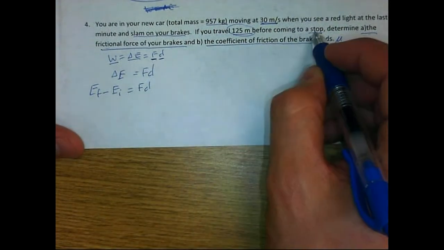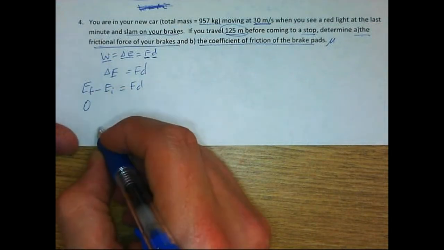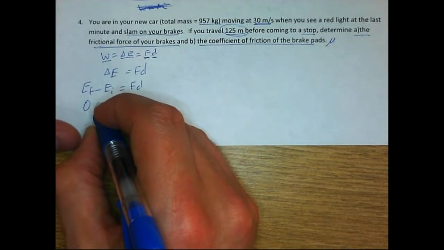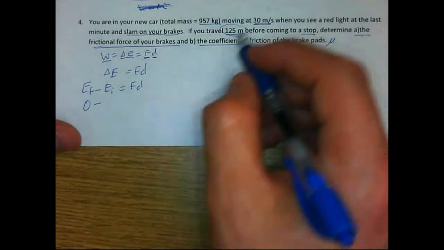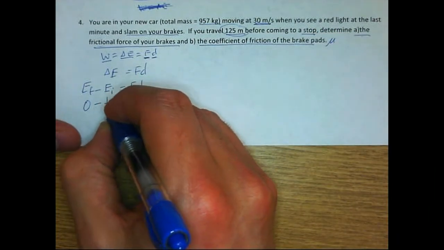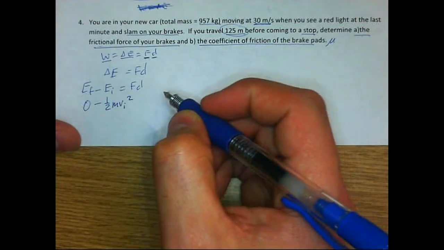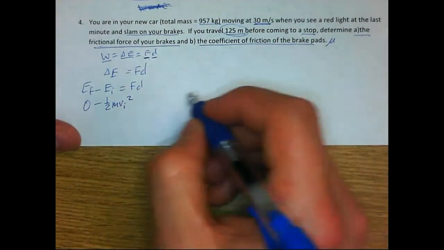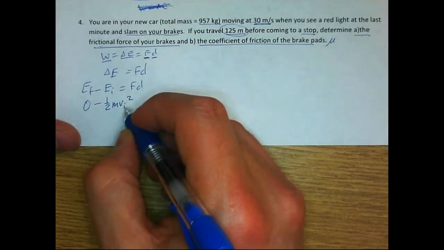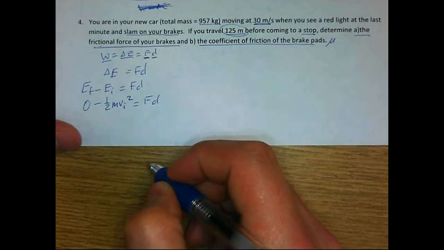The final energy, we know we came to a stop, so the final energy is definitely going to be 0. There's no potential energy, there's no kinetic energy then. The initial energy, we were moving at 30 meters per second. It's kinetic energy, so that's 1/2 m v initial squared, because the final velocity was 0. 1/2 mv squared, the kinetic energy, equals Fd.